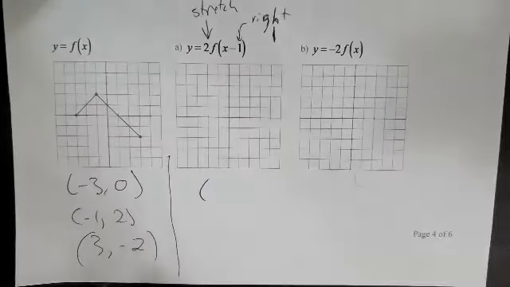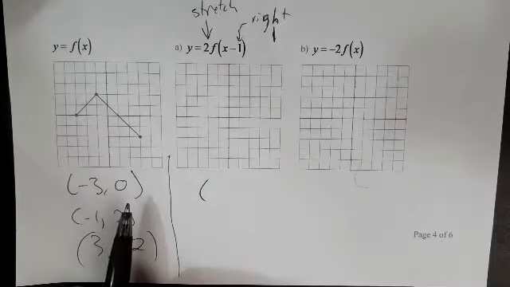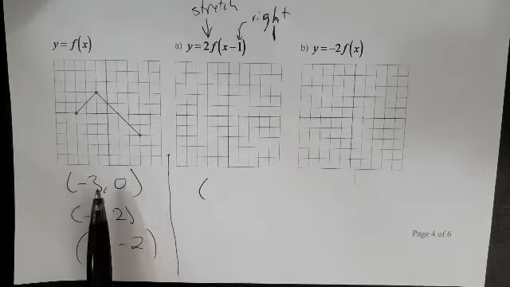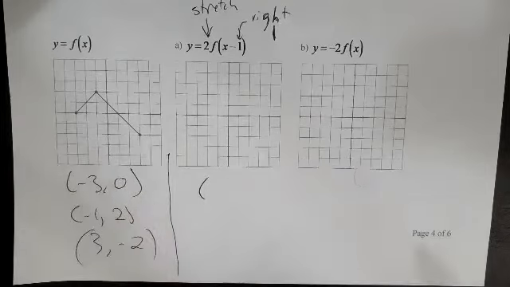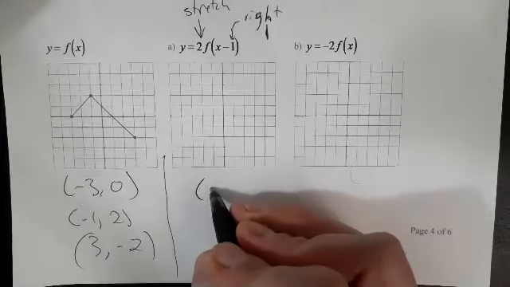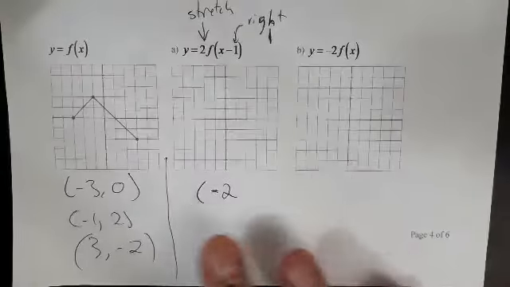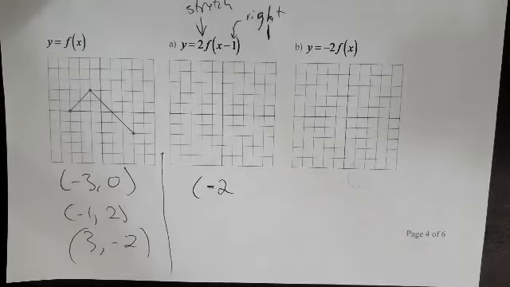If I start with -3, 0, now I look at this -3. So if I'm moving this thing right 1, and this is the thing that you really got to think about. I know it says -1, but we're really going to add 1 to it.